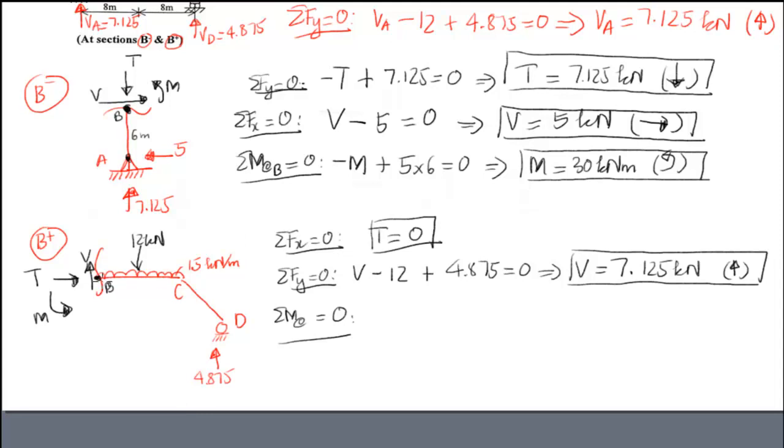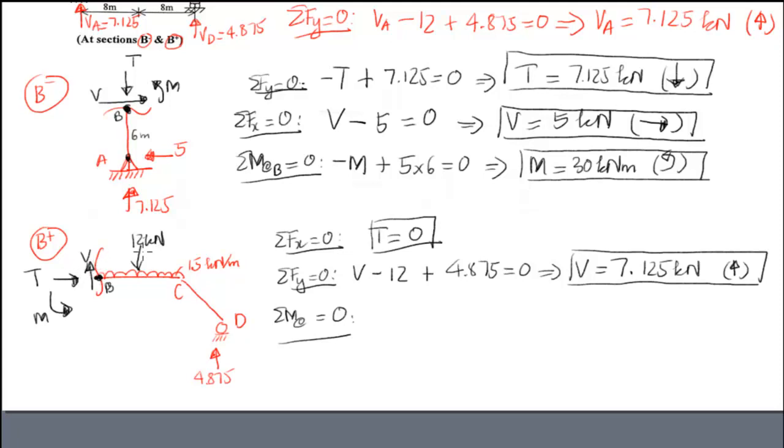If we take a moment here, these two cancel out, so maybe less work for me. It depends on you, up to you. You can choose whatever point you want. Okay, so take moment at B here. These two will cancel out, right?